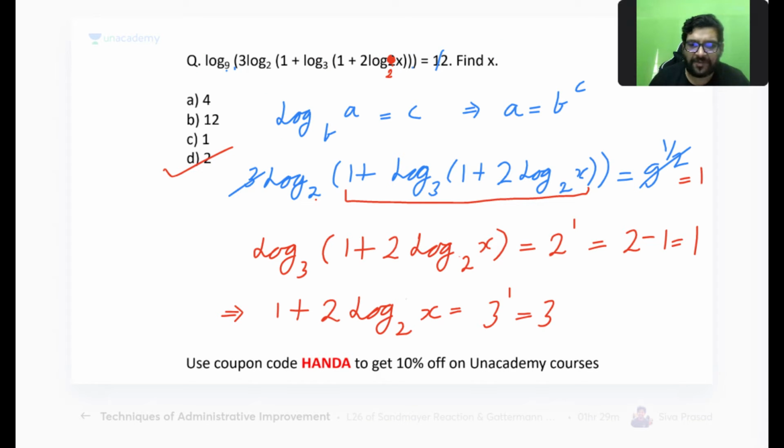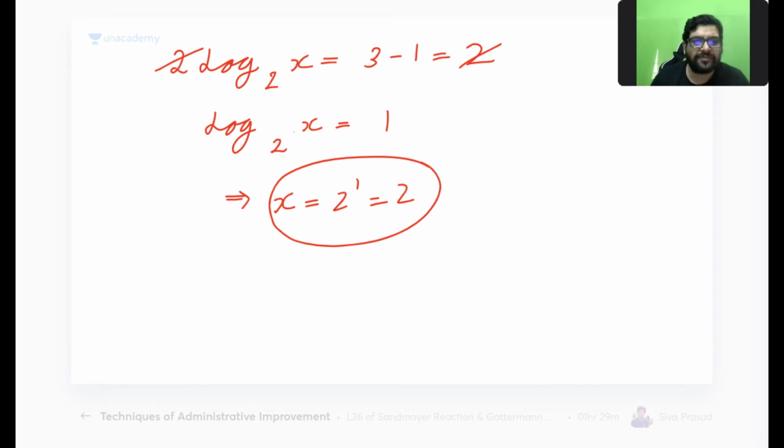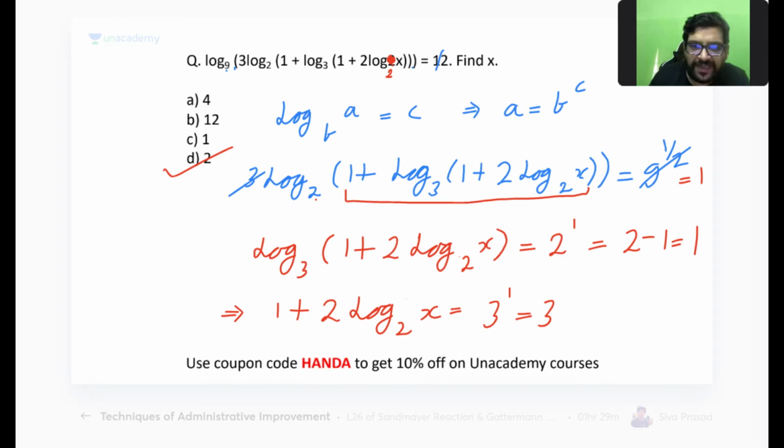And Jyoti, please tell me which value you have a problem with. Here you go. From log 3, this one.